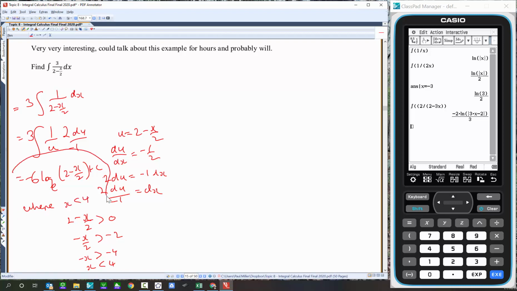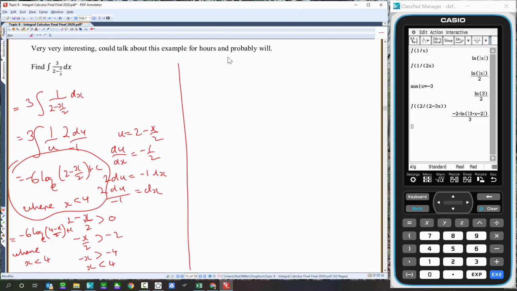There's one way to write it. We could also tidy this up a little bit and say that that's actually -6 log e, find a common denominator, which is 4, so that's 4 take x on 2 plus c, where x less than 4. Right, so there's one possible answer.